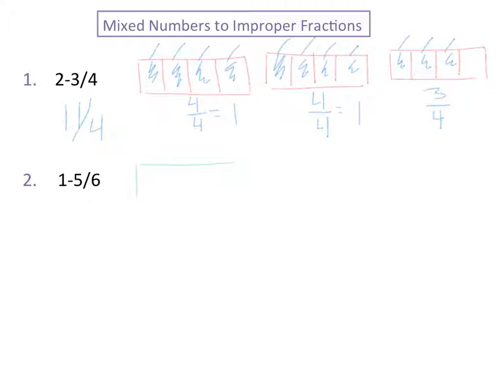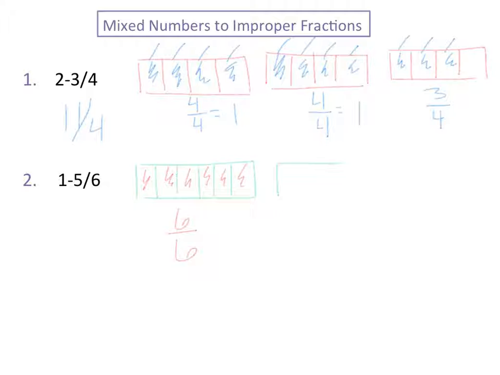So I'll draw my bar, divide it into 6 equal parts, and shade in 1 whole. 1, 2, 3, 4, 5, 6. So there's my 6 out of 6, which is 1 whole, but I need 5 more.